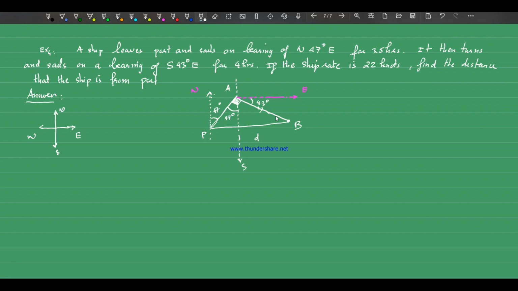Think a little bit. We need to figure out that the goal is to find PA and AB. We need to find all of this. How do you do that?